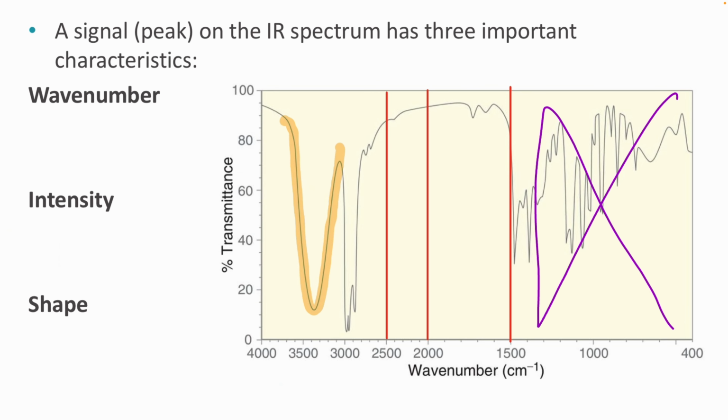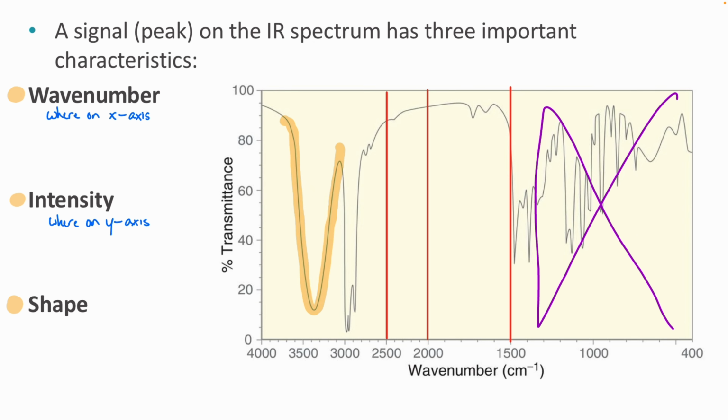When we analyze our spectra, we always give these same three pieces of information. The wave number of that peak, aka where on the x-axis we're absorbing. The intensity of that peak, aka where on the y-axis. And lastly, the shape of that peak. I'll explain what this means in a second. But let's go through it.